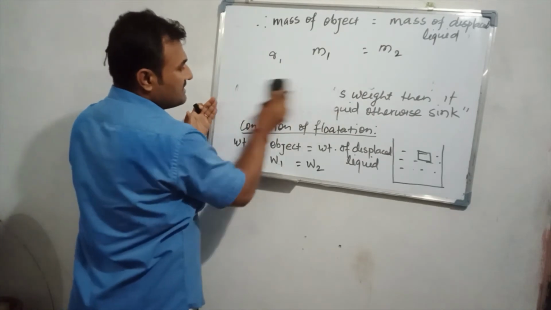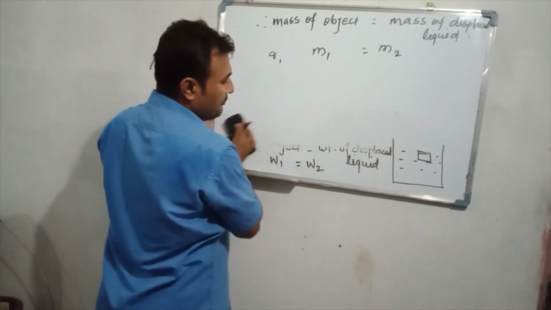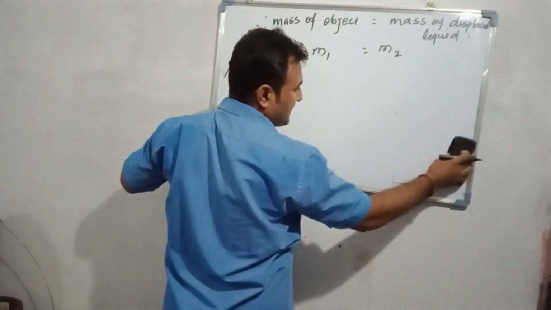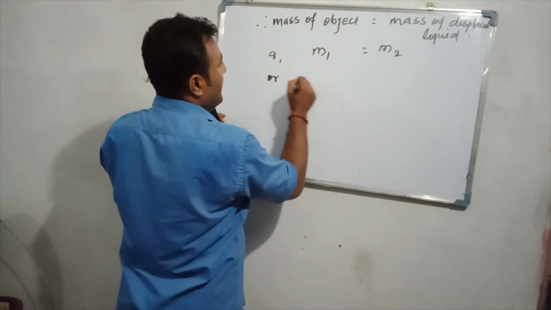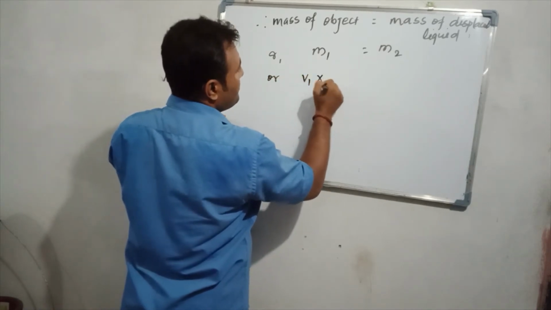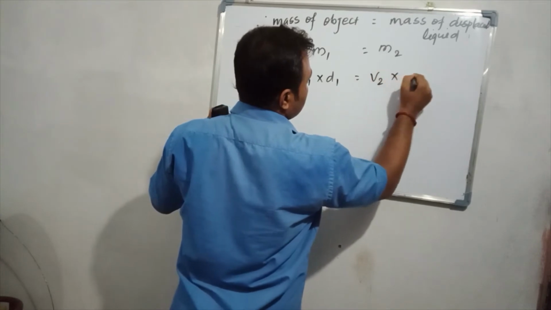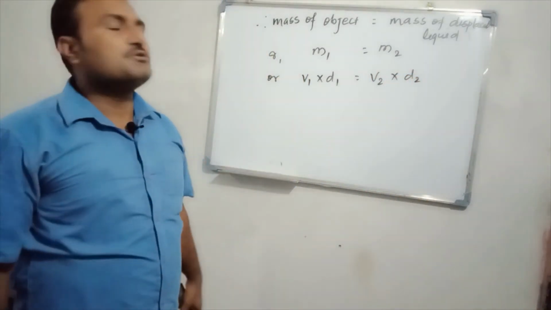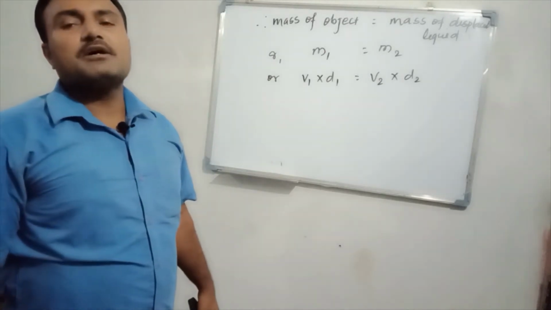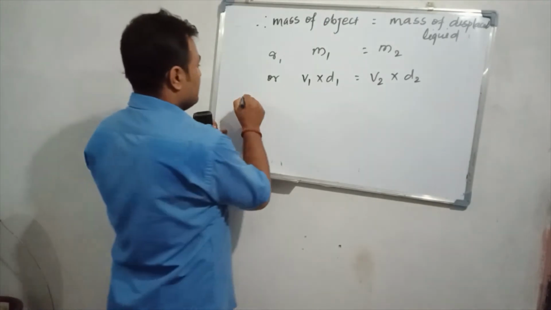If V1 is the volume of the object and D1 its density, then V1 into D1 equals V2 into D2. It helps to solve problems related to how much part of the object is immersed.